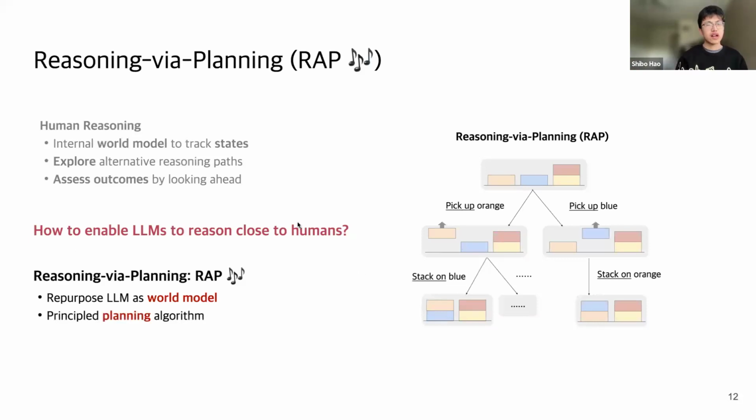Then we incorporate a principled planning algorithm, namely Monte Carlo tree search, which is also used by AlphaGo and widely used in board games. And we also want to introduce some rewards during the reasoning so that the planning can be guided by some signal.